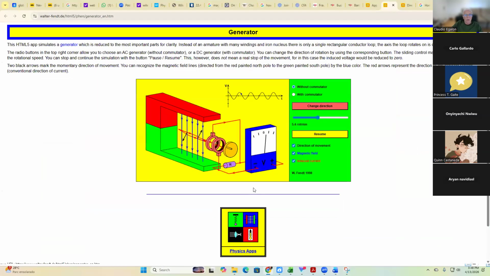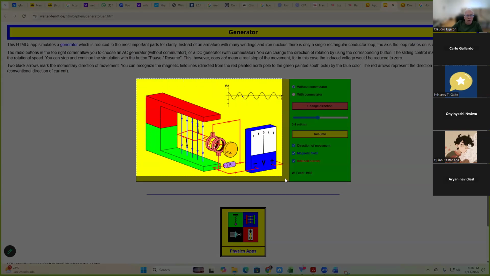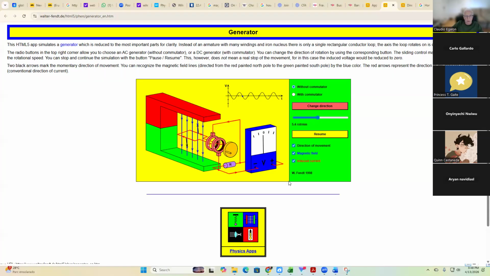Next, when the B flux is maximum, let's get that here. Maximum B flux, voltage is 0, and current inverts the direction. Let's see here.